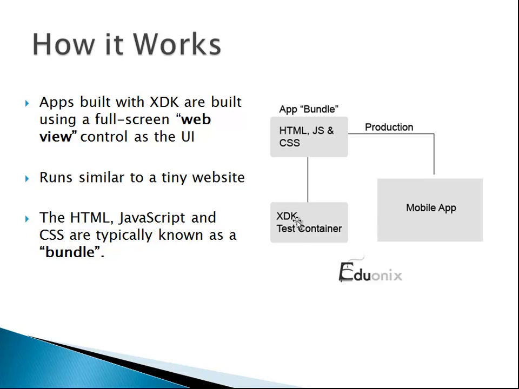So we have our XDK interface, which is basically a test container. We're creating code, we're deleting code, and then we have our HTML, JavaScript, and CSS, which is called the app bundle. And then finally, production. Well, obviously, a mobile app is going to be the end result of our projects.